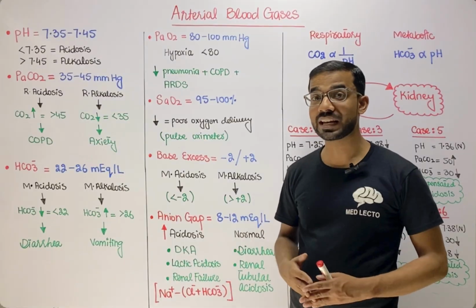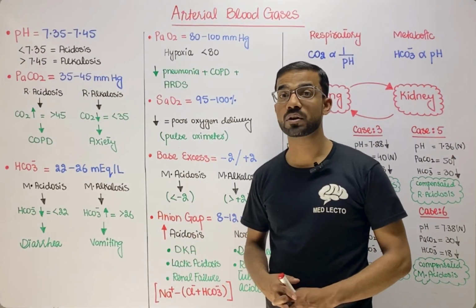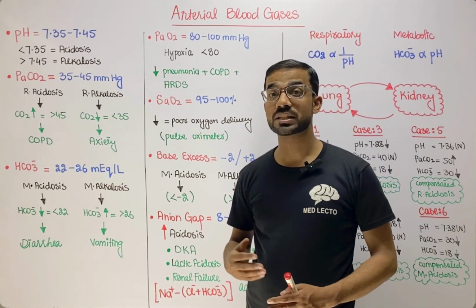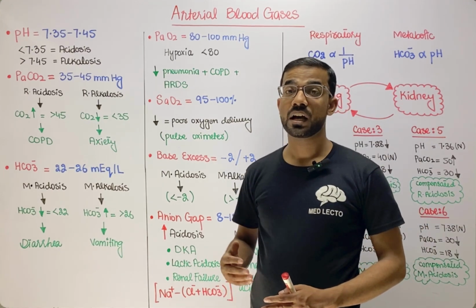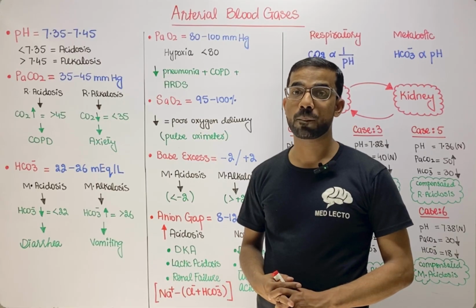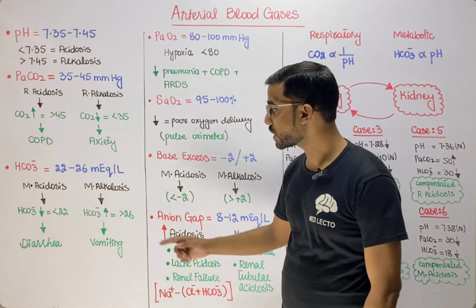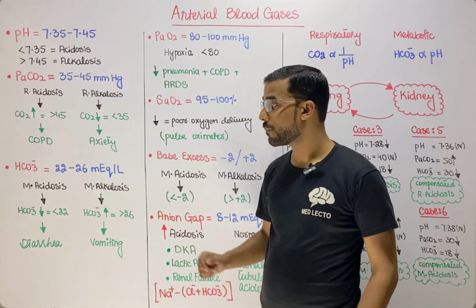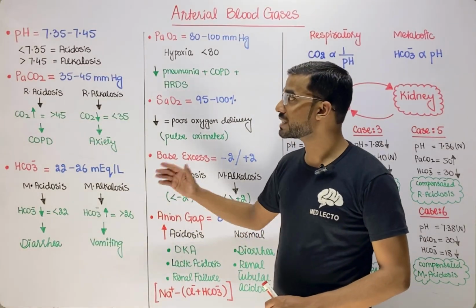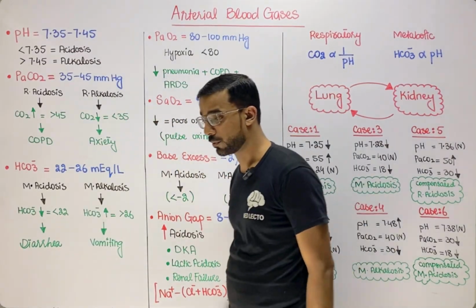When will it happen? It happens in vomiting, because in vomiting a lot of gastric acid like HCl is eliminated from the body in the vomit. So that's why in that condition it will be metabolic alkalosis. So these are the three parameters: pH, partial pressure of the carbon dioxide, and the bicarbonate.